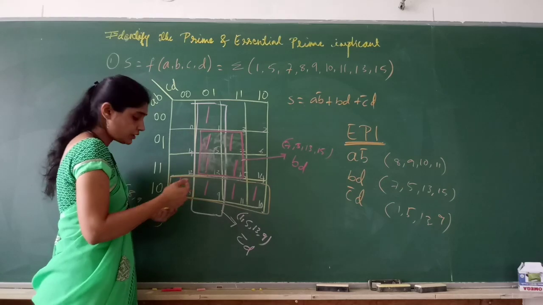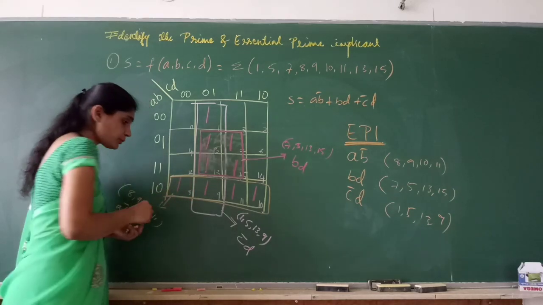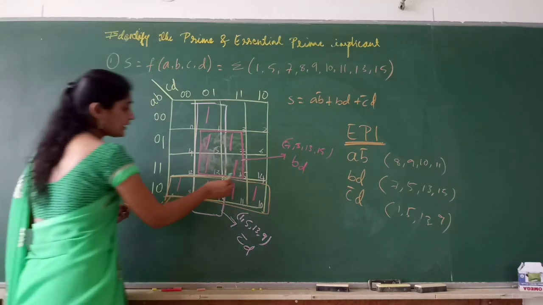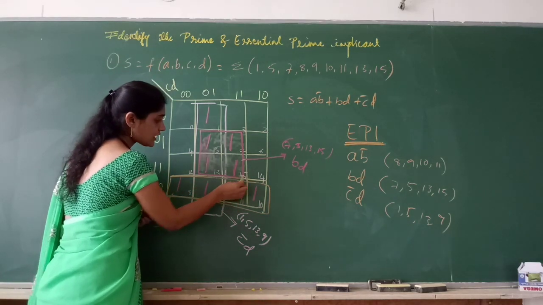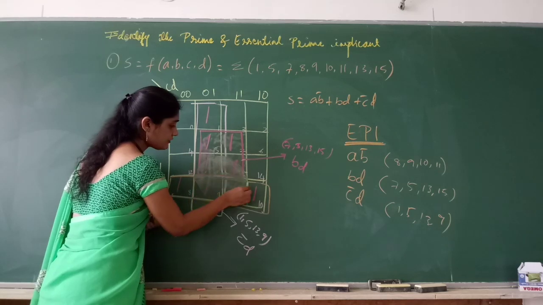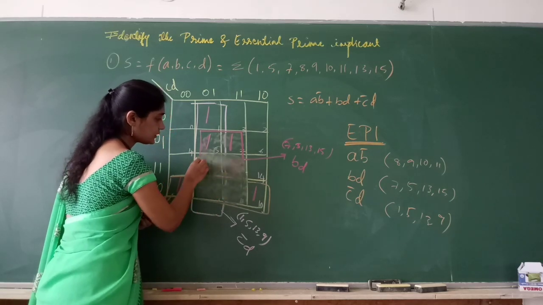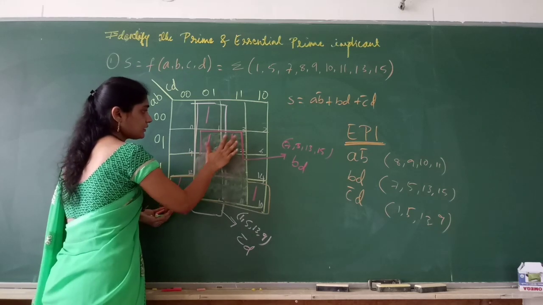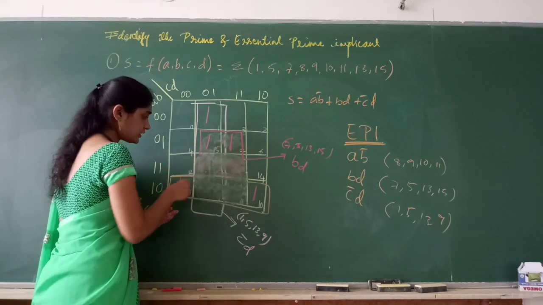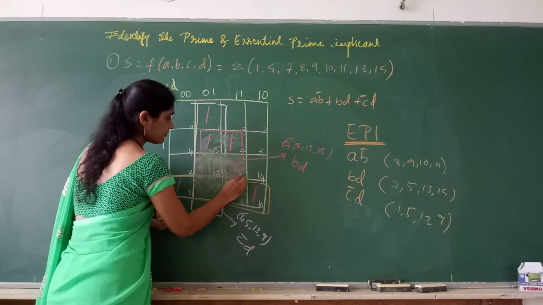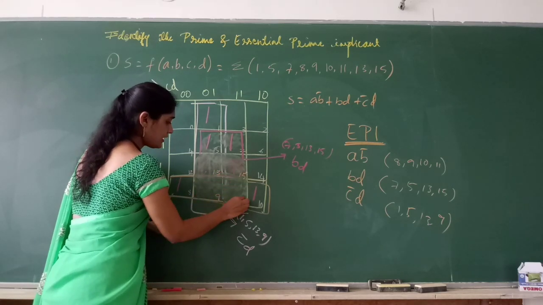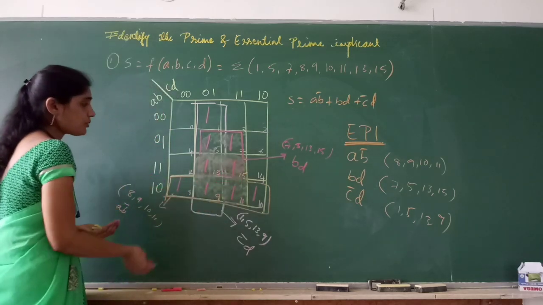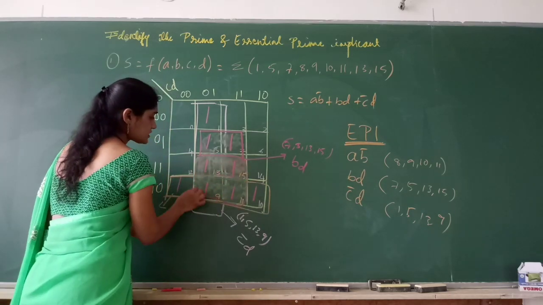One more possible grouping is 13, 15, 9, 11. Can I group 13, 15, 9, 11? Yes, that is one possible grouping I can go for.